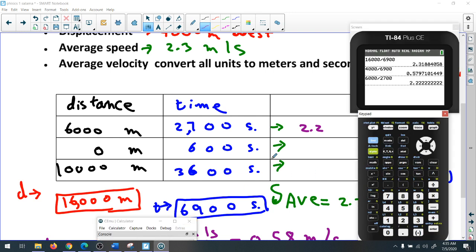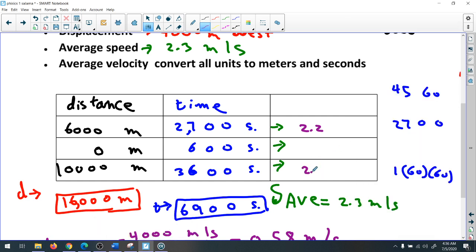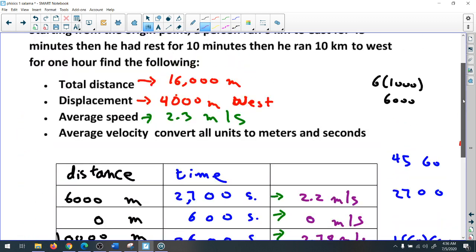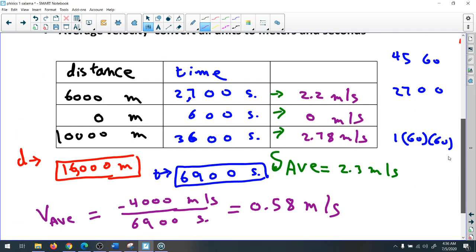Then 0 is 0, and 10,000 divided by 3,600 equals about 2.78, and this is 0 meters per second for the rest. This question is done, and this is the full information we were looking for.